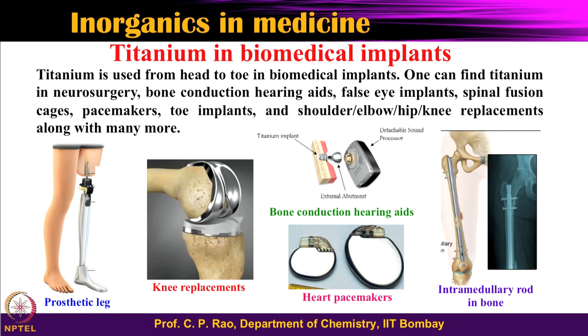It is also used for the hearing aids, it is used in the eye implants, it is used in, of course, spinal, it is used in joints, knee joints, etc., neurosurgery. So, almost every facet of human life, there is a role of implants, and even the pacemakers, which are used to support the heartbeats.